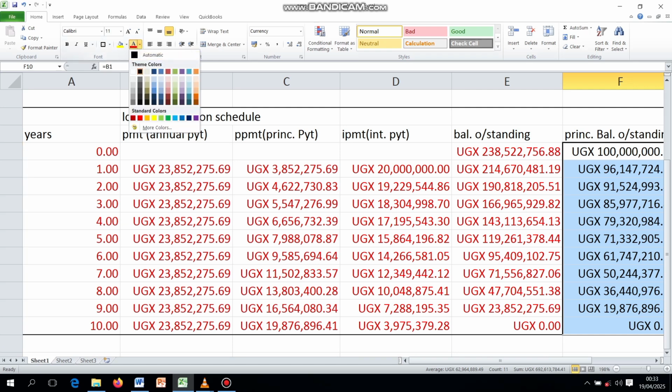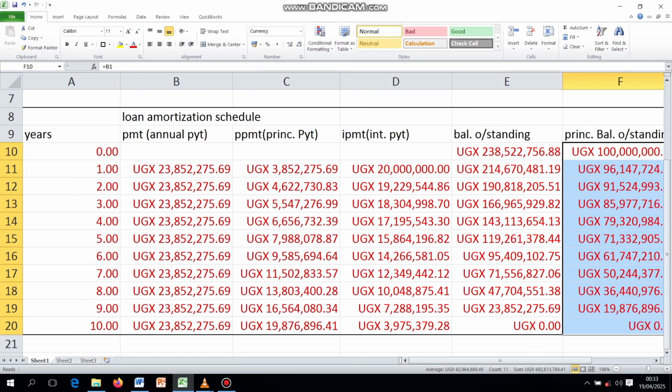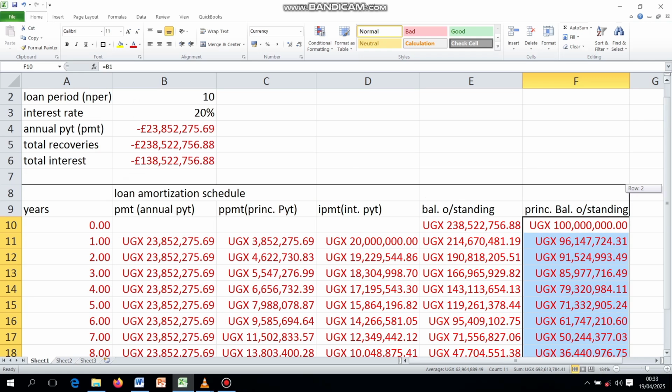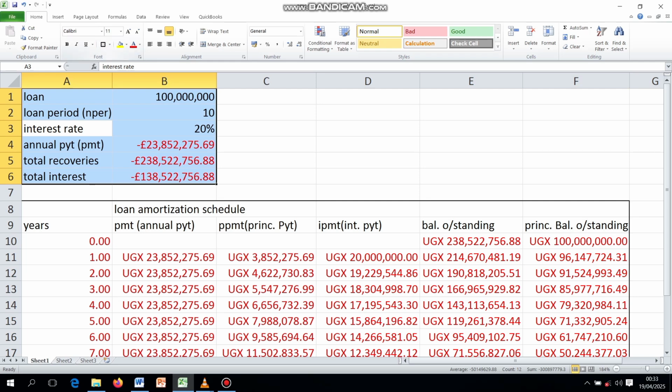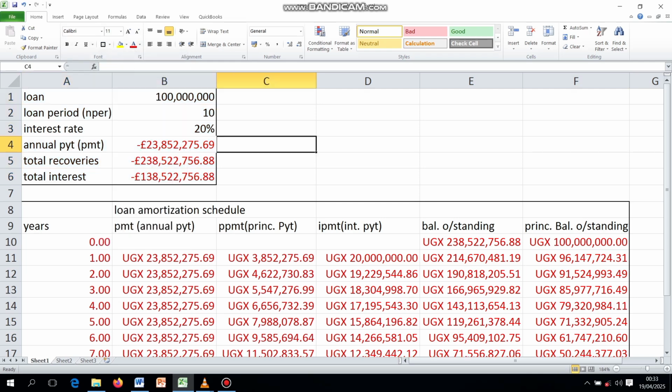Also put it to red. So come here, everything is done, and our number is finished in that way. This one I also apply the border. So by there, the video is done. The solution to the number is also done, and everything is done.